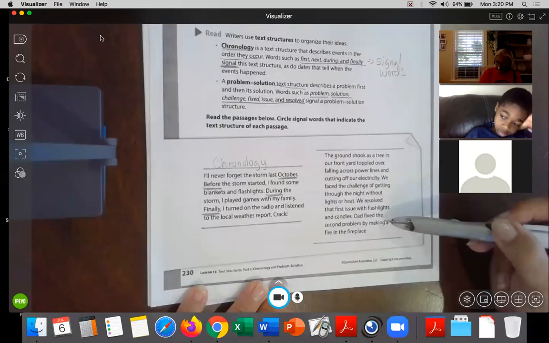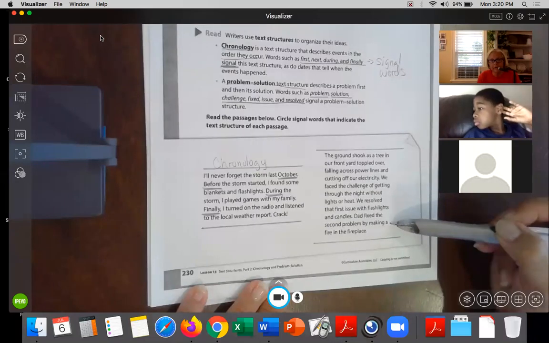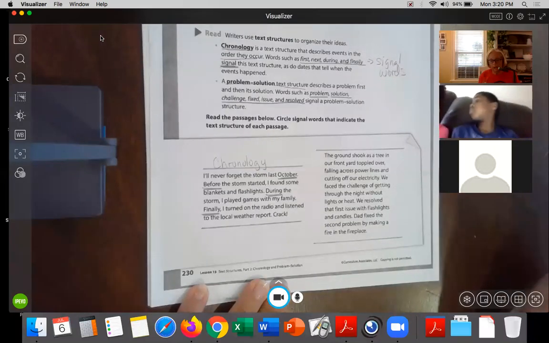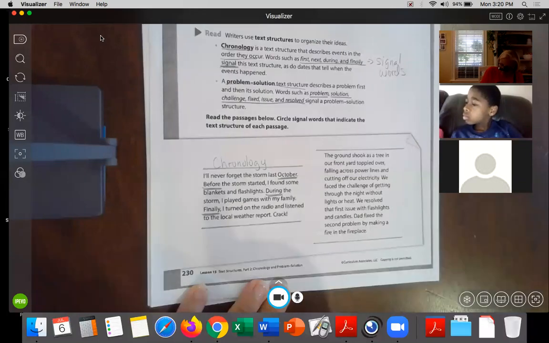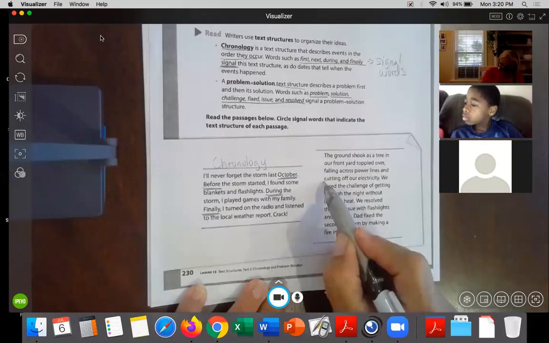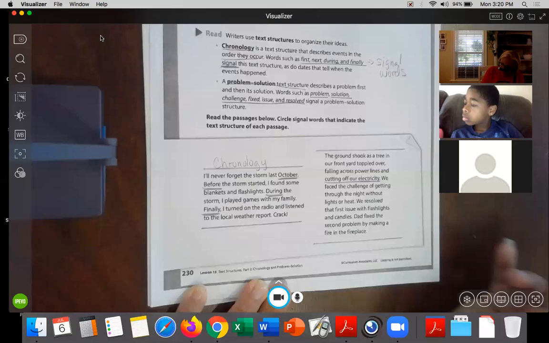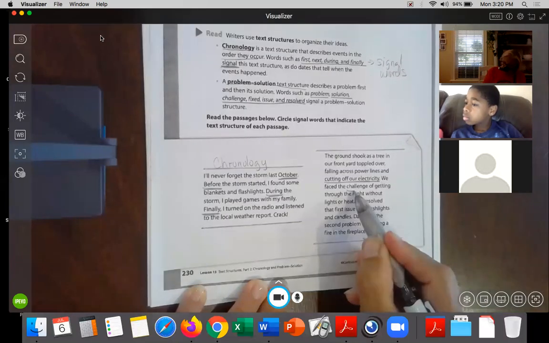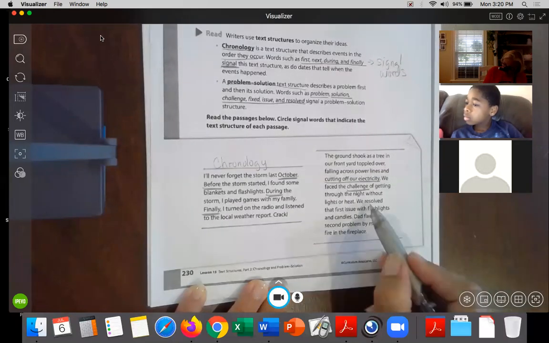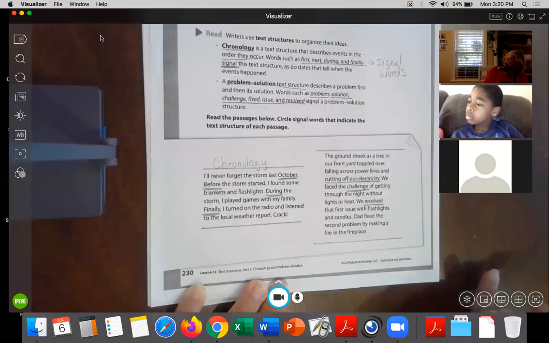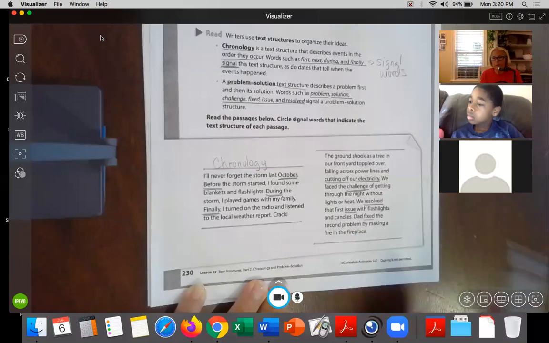Dad fixed the second problem by making a fire in the fireplace. So our problem is that the electricity was cut off, and we're looking for the word challenge, and then the word resolved, and you have your issue, and then it says he fixed the problem. Those are some key words.